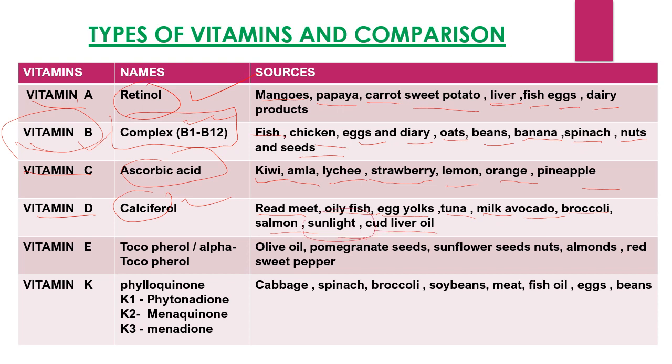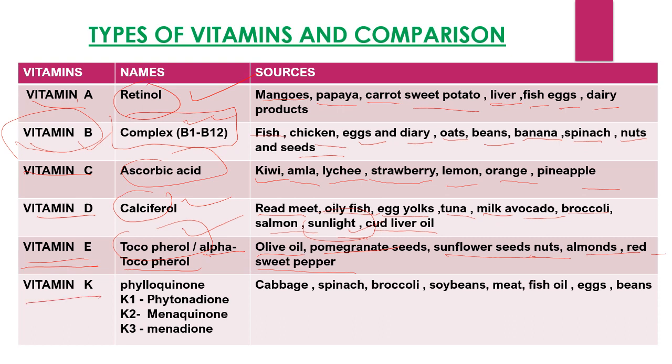Remember, sunlight is the best source of vitamin D. Now move to vitamin E. Its common name is tocopherol, or sometimes alpha tocopherol. Its sources are olive oil, pomegranate seeds, sunflower seeds, nuts, almonds, red sweet pepper, etc.